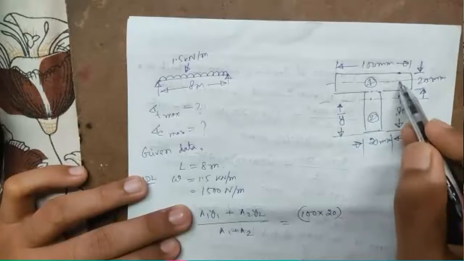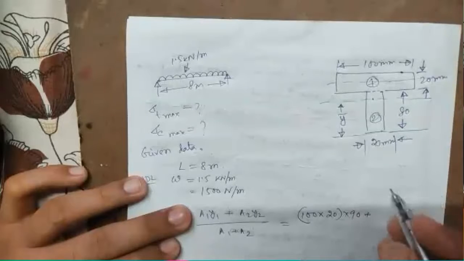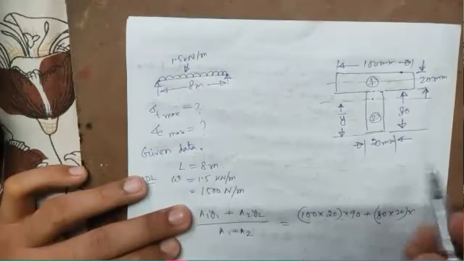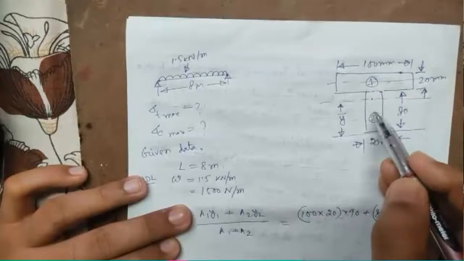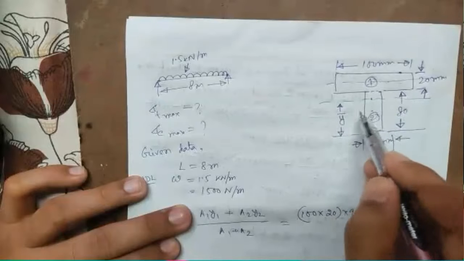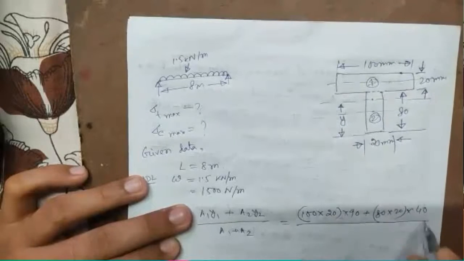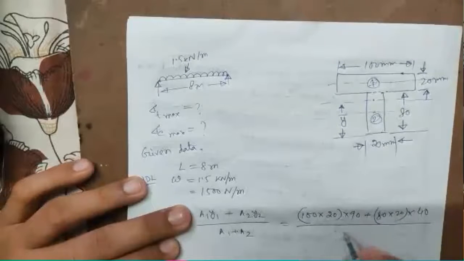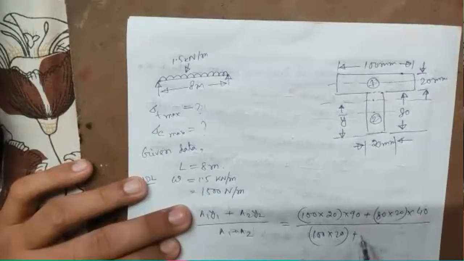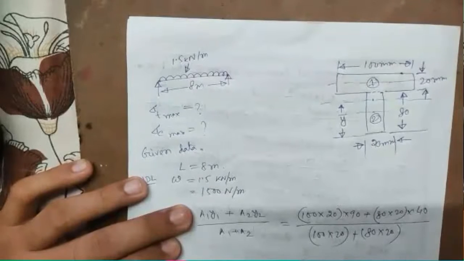So 80 plus 10 will be equal to 90, plus in case of A2 it will be 80 into 20, and y2 is at 40. The whole length is 80, so it will be through the middle, so that will be 40, divided by A1 plus A2. So it will be 100 into 20 plus 80 into 20.